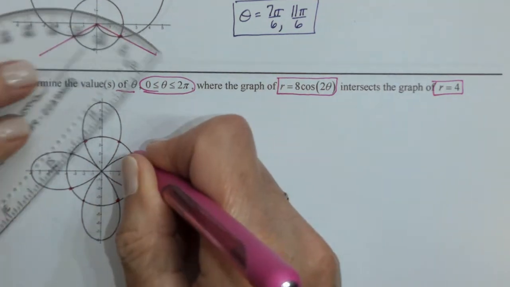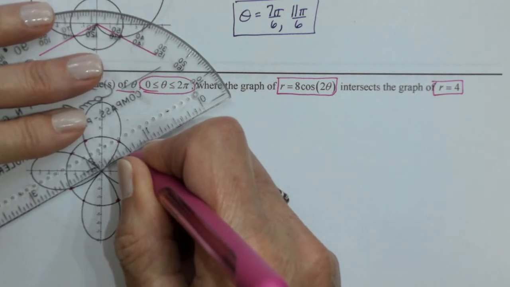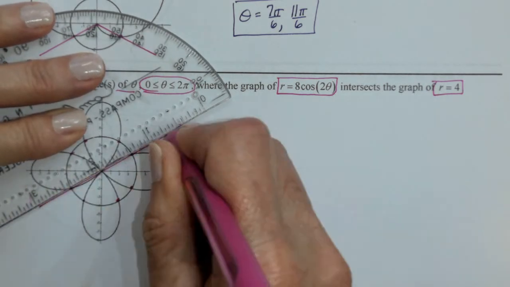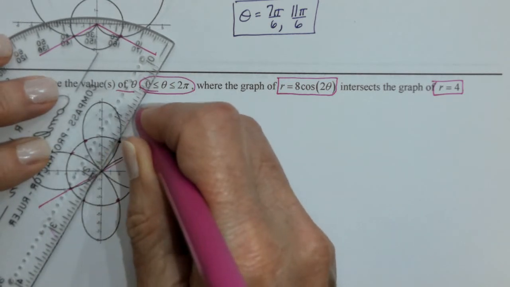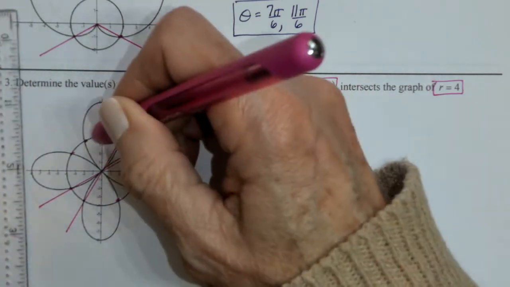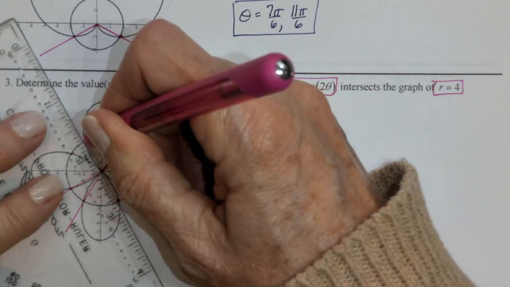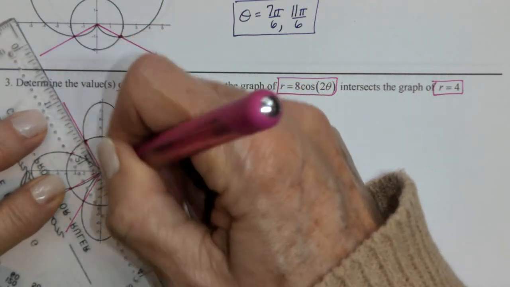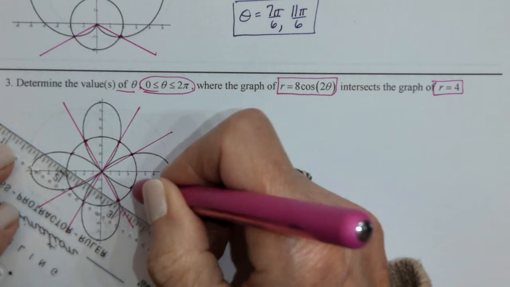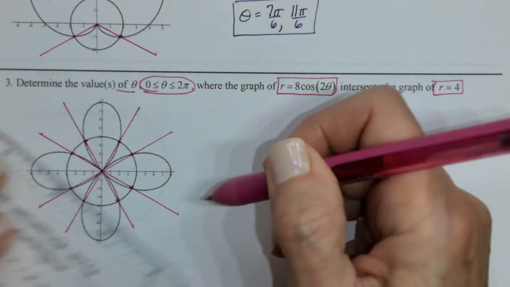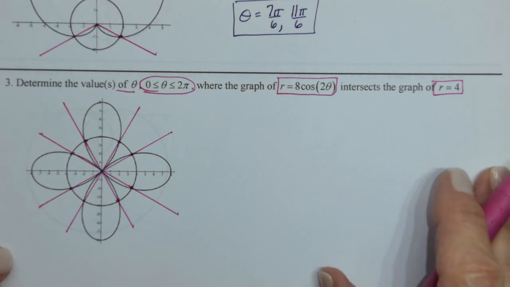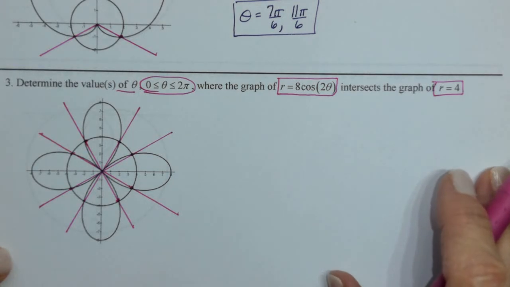I'm going to draw them here. There's some symmetry involved here, right? Okay. So I see I want to get all of those values.